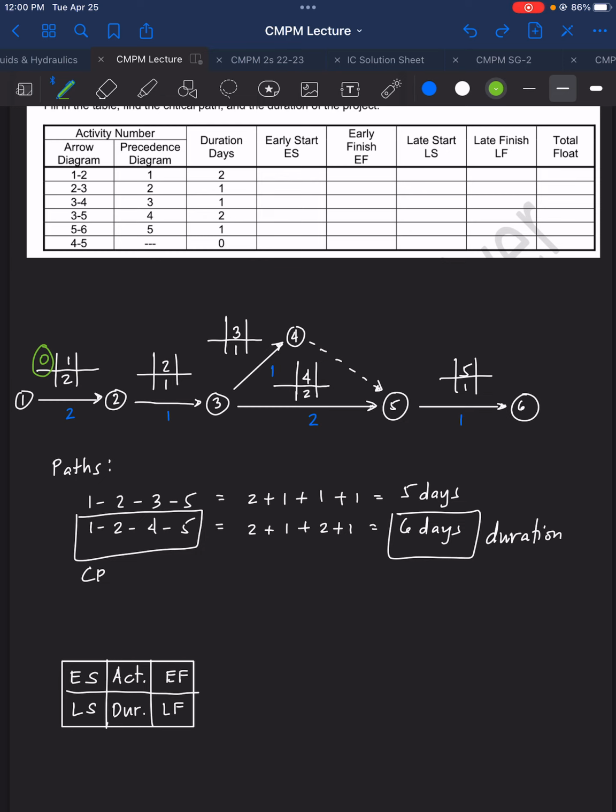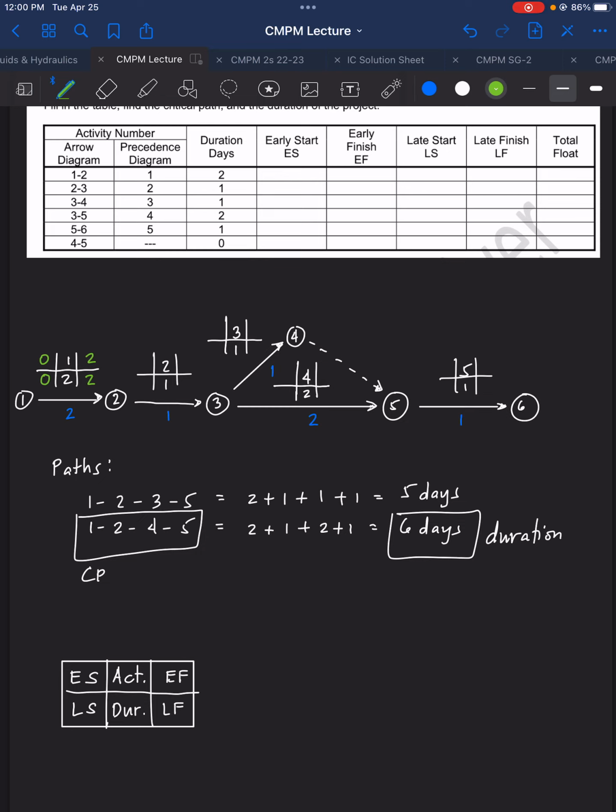So the early finish here is 2, since 0 plus 2 equals 2. Next, the late start is again 0, and 0 plus 2 gives 2 for the latest finish.